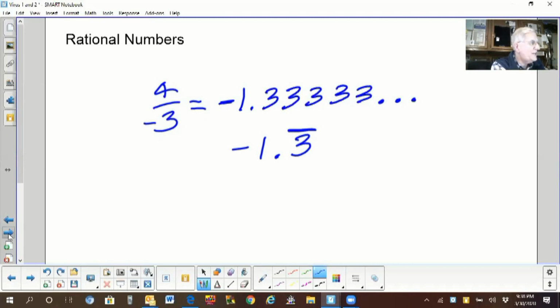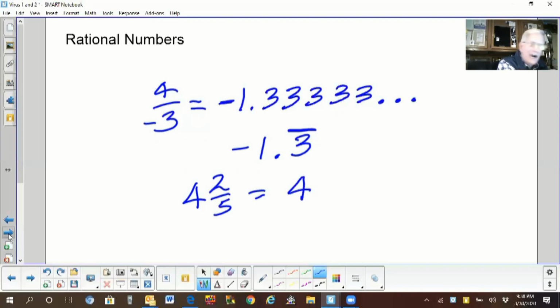So there is one example of one type of outcome you can have when you convert a rational number into its decimal equivalent. The other type of number you can get when you convert a rational number into its decimal equivalent, if you recall, is a decimal number that terminates. It stops, okay? So for example, let's say I use the fraction 2/5.